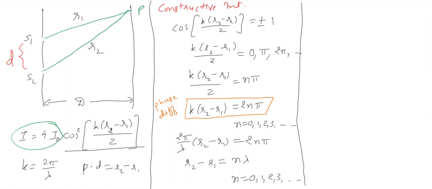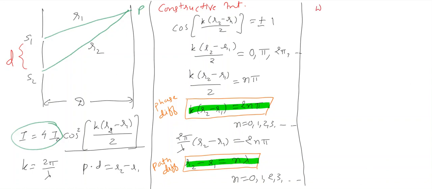So this is the condition for constructive interference in terms of path difference. So when path difference becomes n lambda, intensity will become maximum. What is the maximum intensity? 4 times I0, 4 times the intensity due to an individual wave. In terms of phase difference, this is the condition. In terms of path difference, this is the condition.